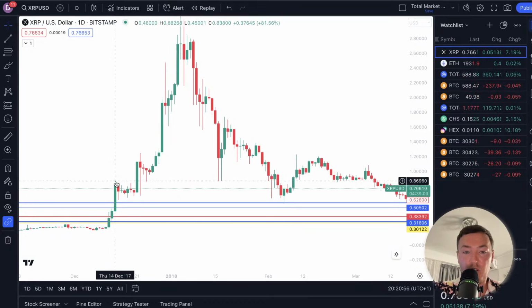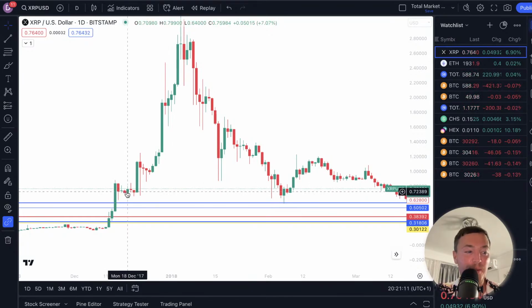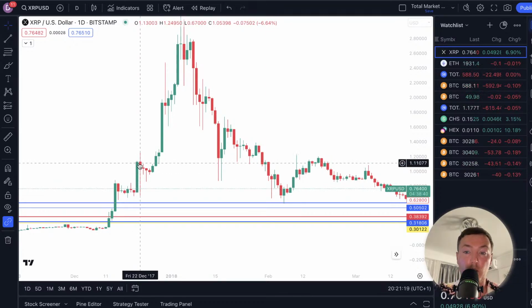So here we can see on this chart 87 cents, which is the level that we hit already. This is back in 2017. Then after we hit 87 cents, we dipped all the way down to 62 cents, which is what has happened already. Then we went sideways for 1, 2, 3, 4, 5, 6 days. We went sideways, and then we popped all the way up. We popped up to over $1.